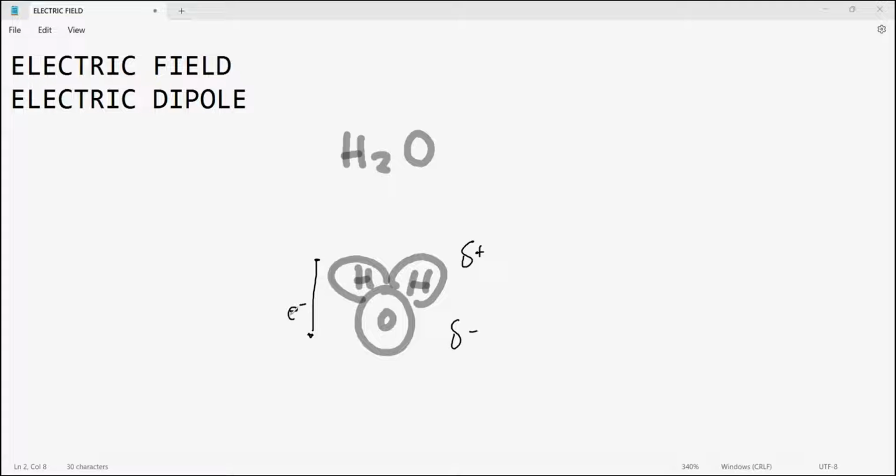The electric dipole moment, denoted as P, with a direction, is always from negative to positive. So if you were asked what is the electric dipole moment of the H2O molecule, it should be from your O to your H, which is from negative to positive.